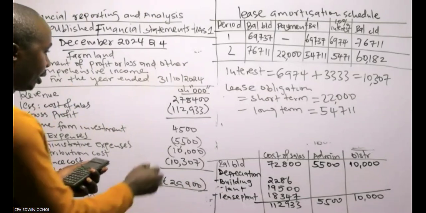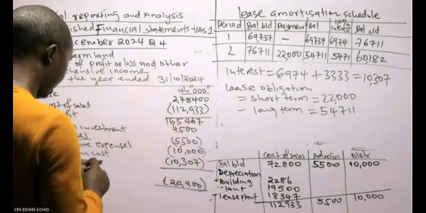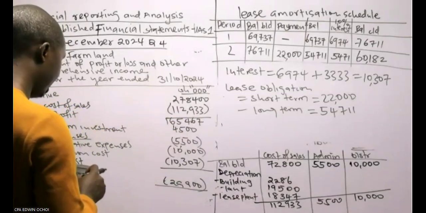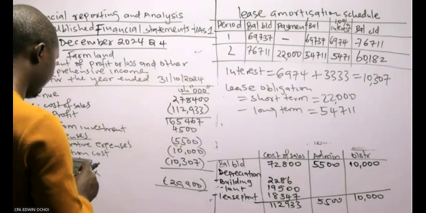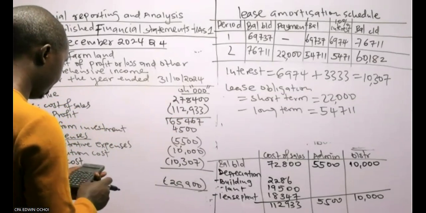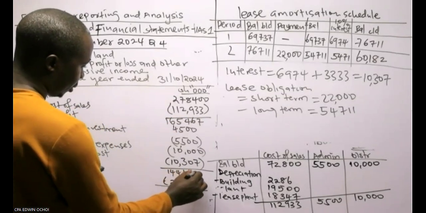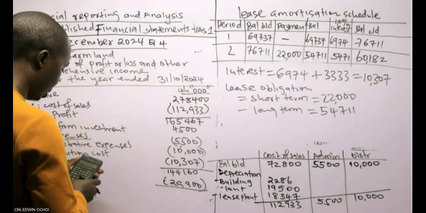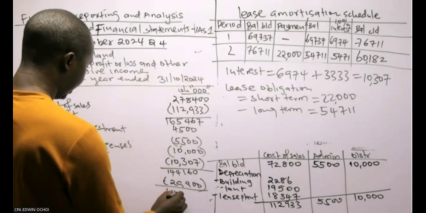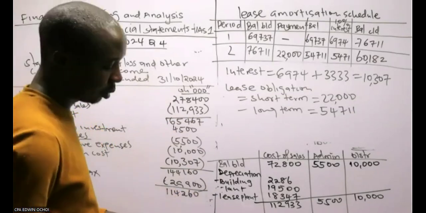So this is 165,467 plus 4,500 minus 5,500 minus 10,000 minus 10,307. So that is 144,160 minus 29,900. That is 114,260.